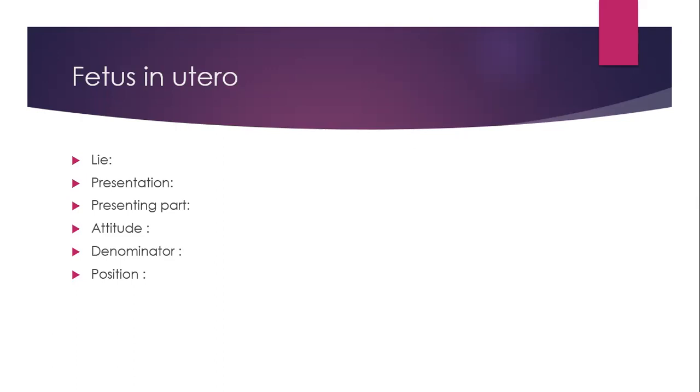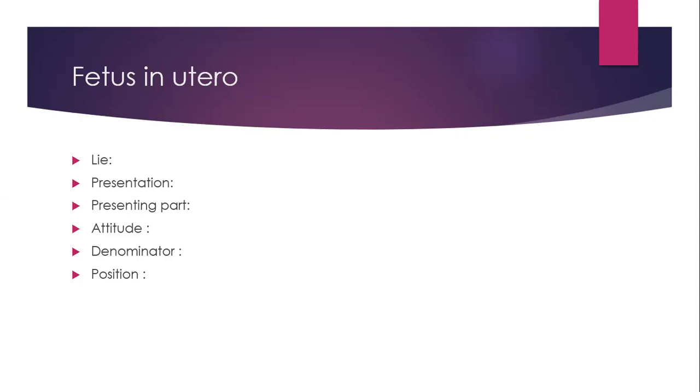The third one is the presenting part. The part of the presentation which overlies the internal os is known as the presenting part. The difference is that presentation is the wider topic, whereas presenting part is more precise.